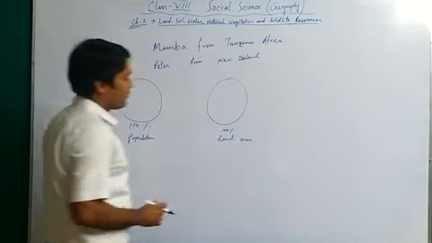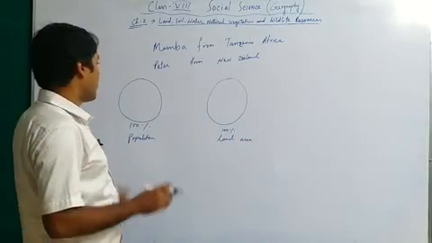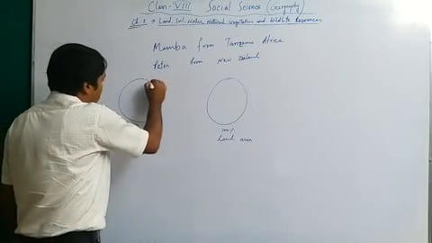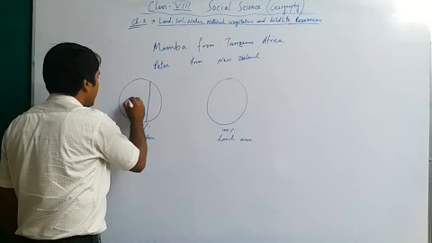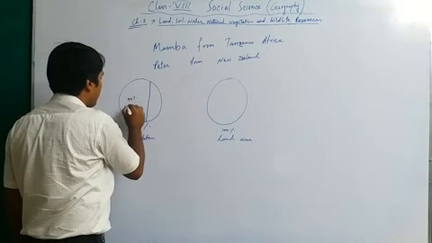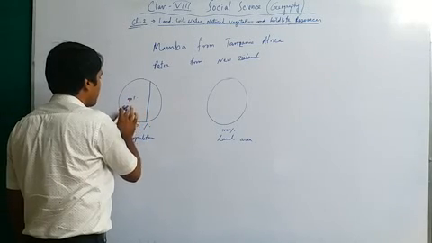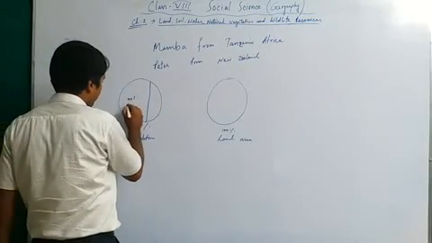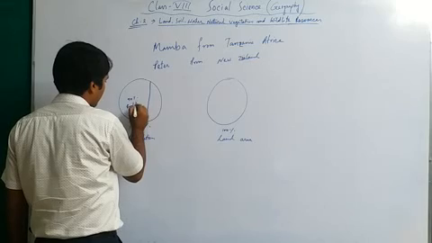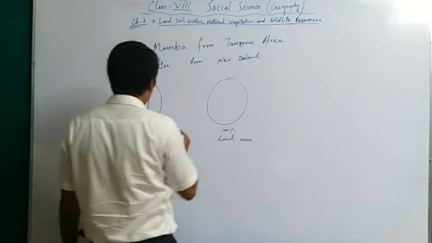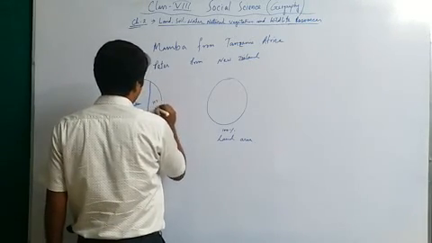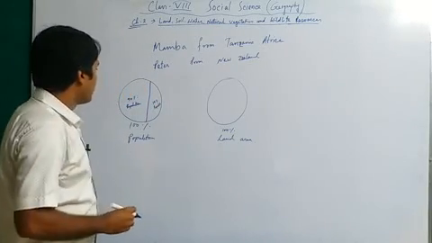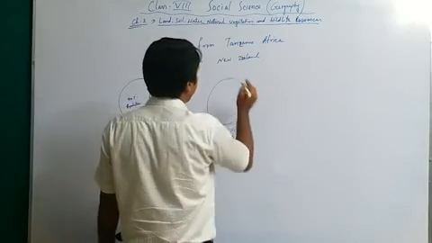You listen carefully. From your book, there is this information: 90% of the world population, suppose this is 90% population, and this is the 10% population. Then 100% land area.